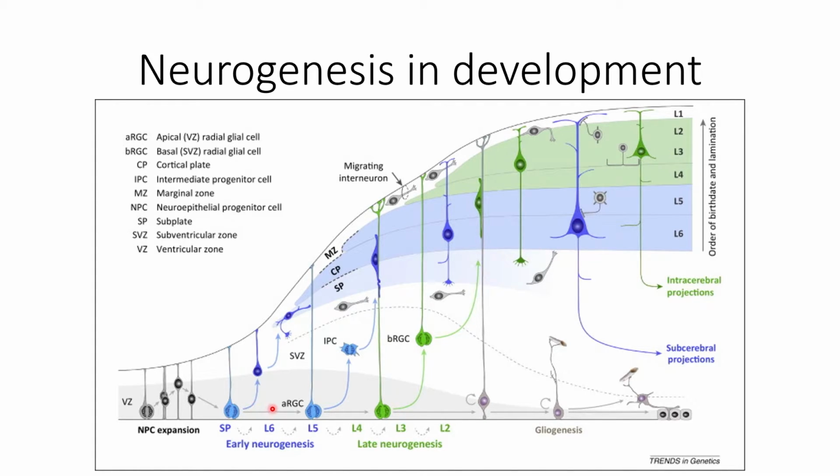Some of the daughter cells end up being intermediate progenitor cells, which eventually turn into neurons. You can see this process of asymmetrical division, proliferation, and migration into the subventricular zone. These intermediate progenitor cells can also divide and give rise to daughter cells that will end up being baby neurons.